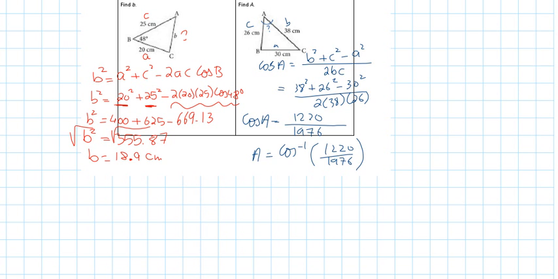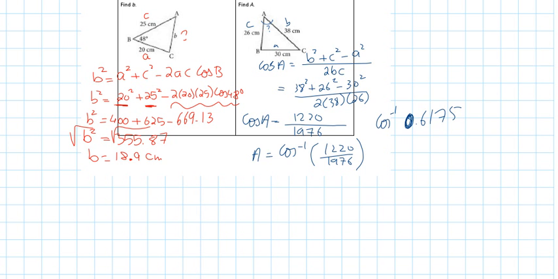So what's 1220 divided by 1976? That's not 4 decimal places. Okay, that's the 4 decimal places. So you can find what 1220 over 1976 is and then do cos inverse of that, or you can do cos inverse brackets 1220 over 1976.